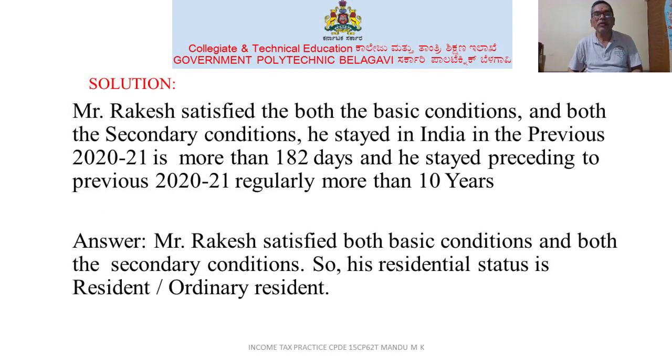Mr. Rakesh satisfied both the basic conditions and both the secondary conditions. He stayed in India in the previous year 2020-21 for more than 182 days, and he stayed in the years preceding the previous year 2020-21 regularly for more than 10 years.